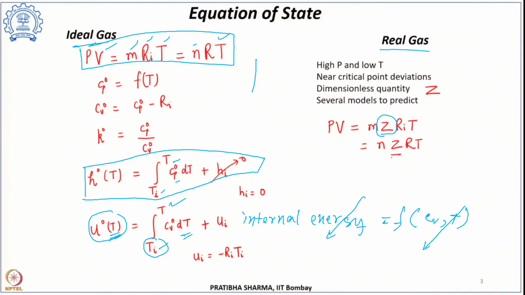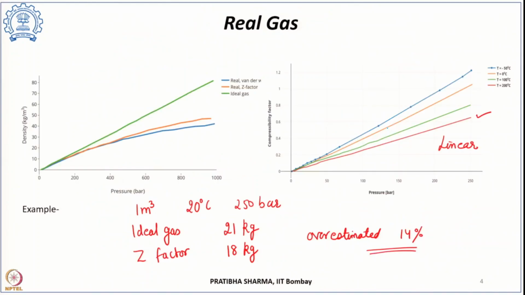All the things are the same, PV equals mRT, but you have to include Z for the real gas situation. What is the difference between real gas and ideal gas? Do you know?